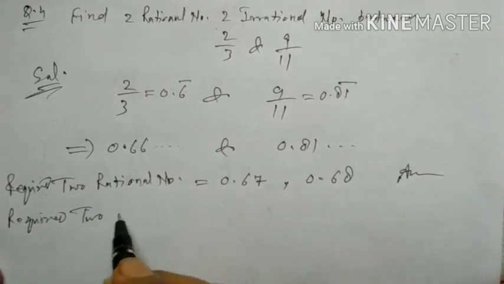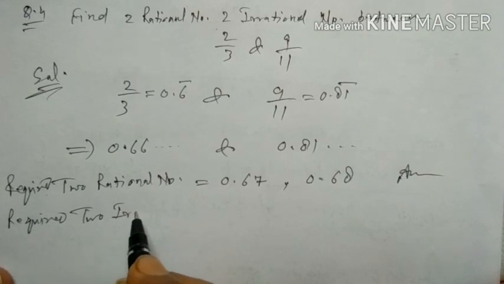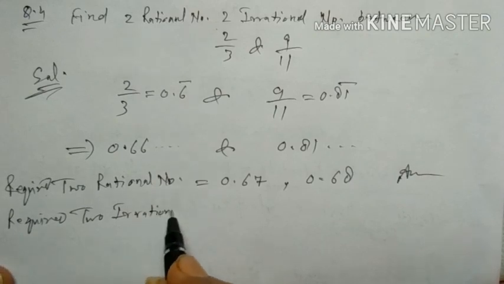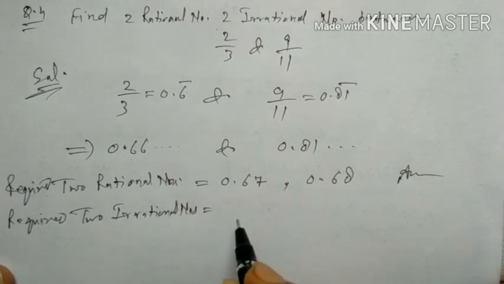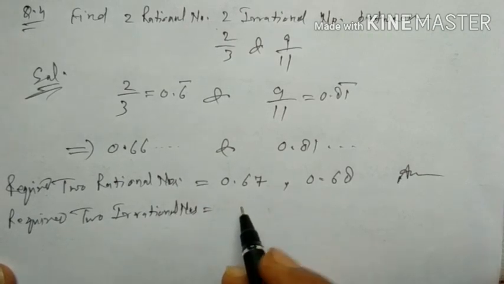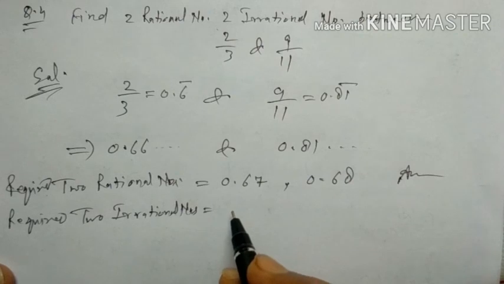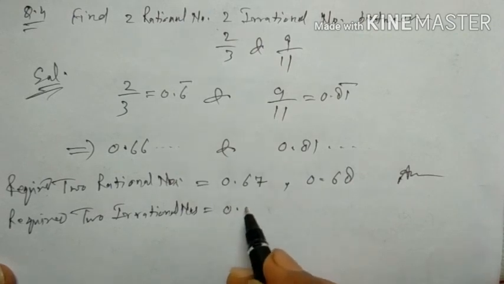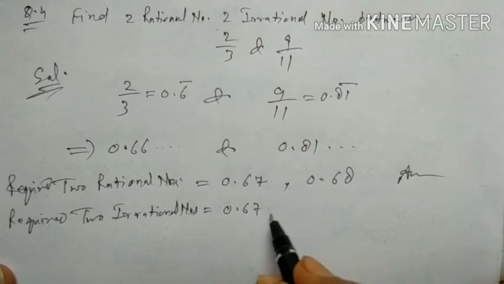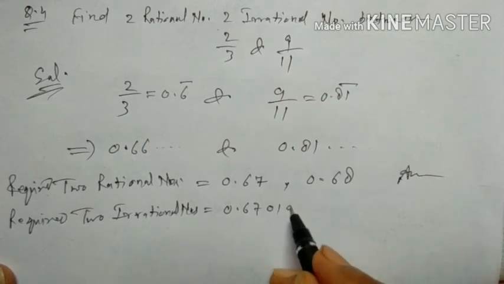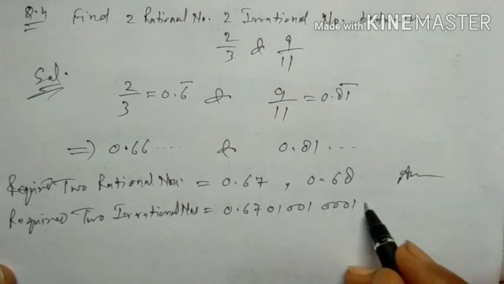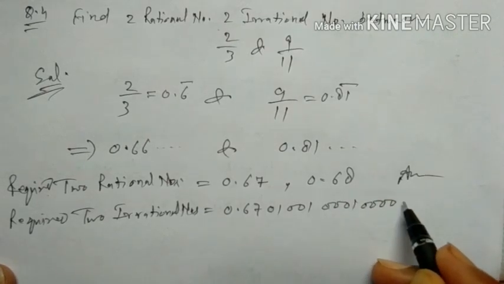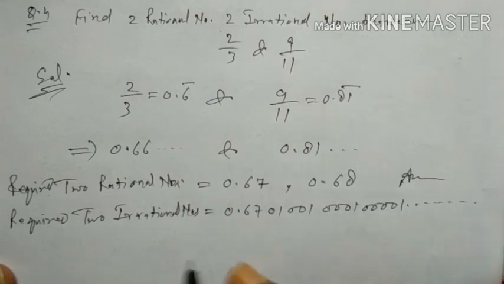Now the required two irrational numbers. You can write like this: 0.67, 01, 001, 0001, 401 and so on.